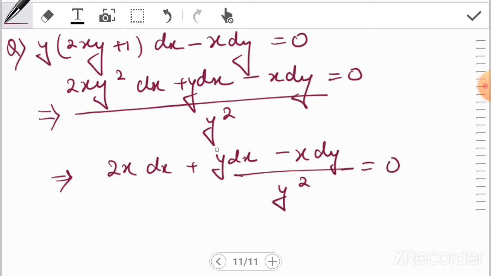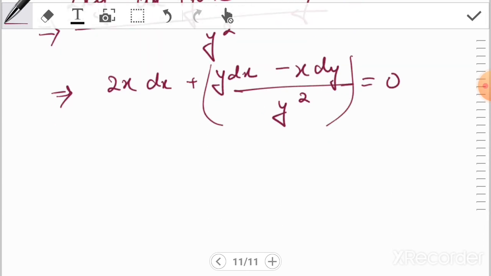So this is nothing but d of x by y. So this is 2x dx plus d of x by y is equal to 0.